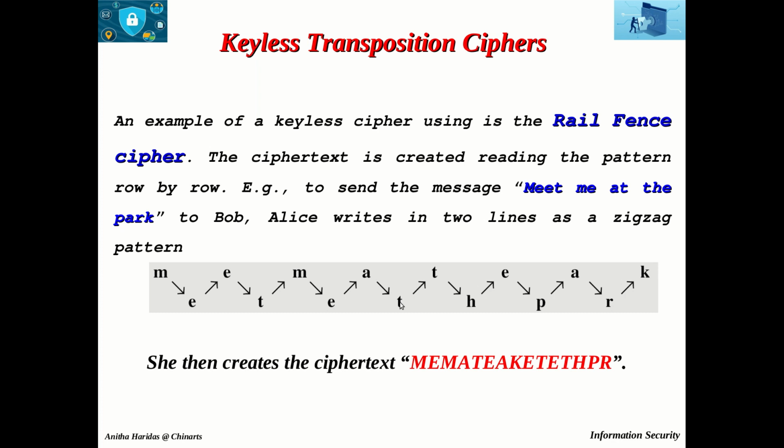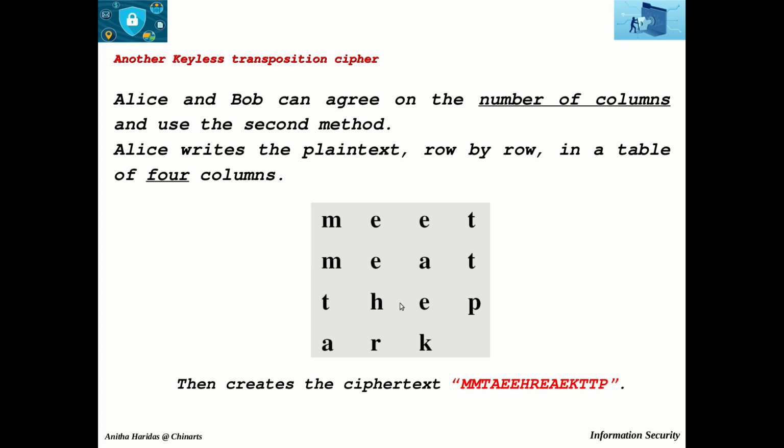So instead of simply saying it as method 1, this rail fence cipher is specifically used as a keyless transposition cipher. Another keyless transposition cipher is where Alice and Bob agree on a number of columns and she is going to use the second method. Let us see how it is done. Here Alice will be writing the plain text row by row in a table of 4 columns.